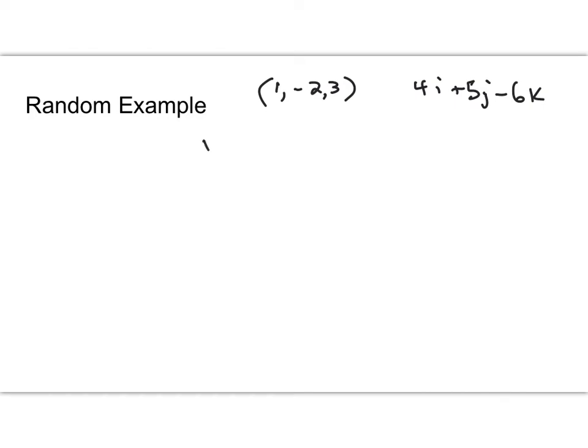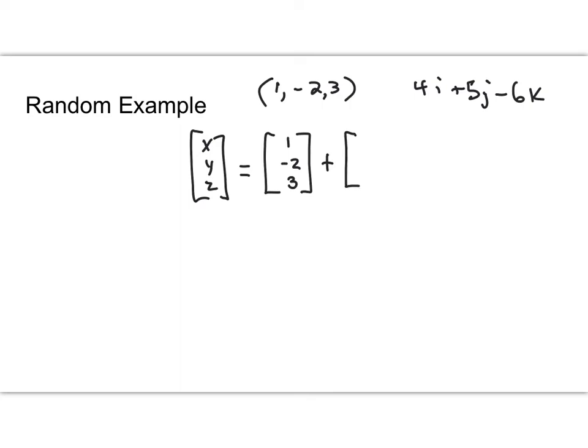So the vector equation would be xyz equals my initial point, 1, -2, 3, plus my direction vector. In this case, that's 4, 5, and -6 times my time.